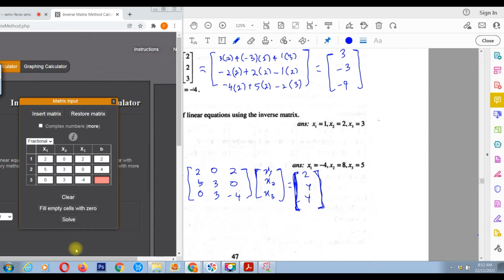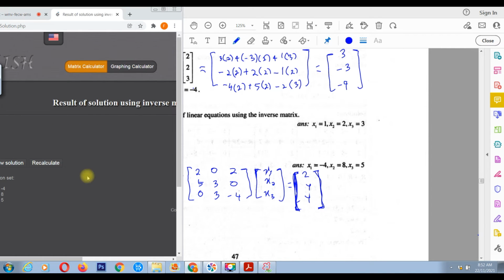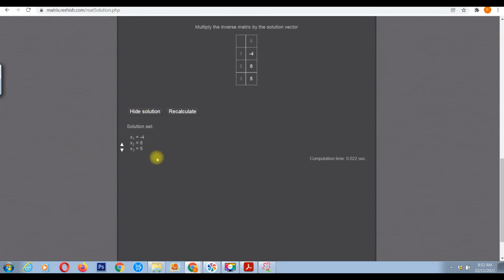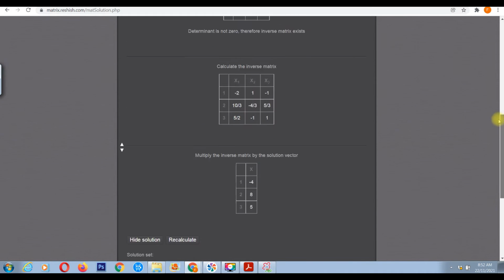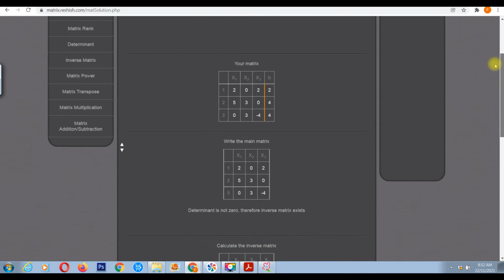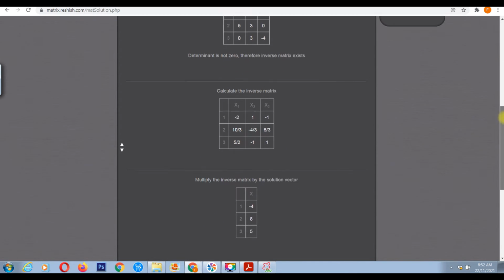There is no data here, so it is 4. Then solve. They use inverse ERO, I think. Calculate the inverse.